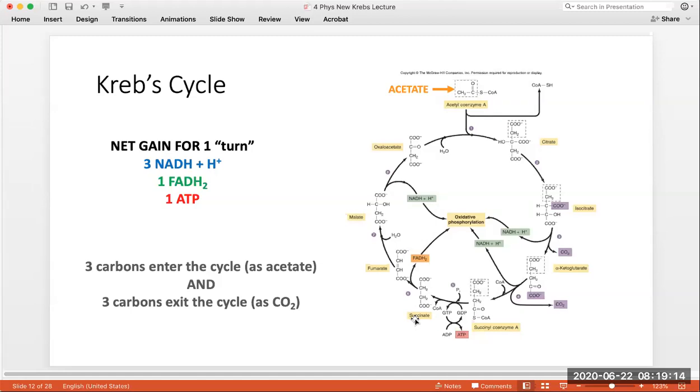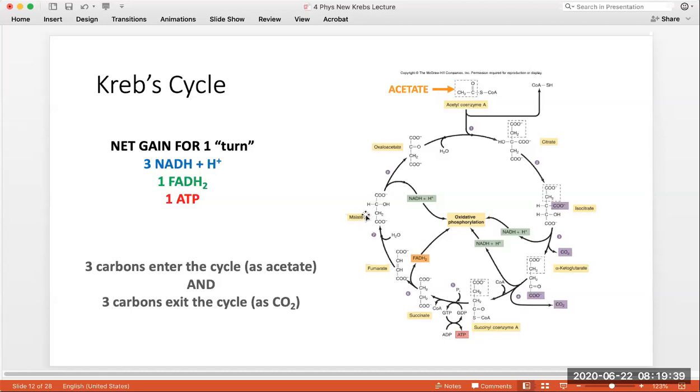In the next reaction, succinate gets converted to fumarate. So it's going to get oxidized. It's going to lose a pair of electrons. The electrons that come off of succinate are going to get transferred to FAD plus to reduce it to FADH2. So now you've produced fumarate. In the next step, fumarate gets converted to malate. You have to add in a water molecule to do that.